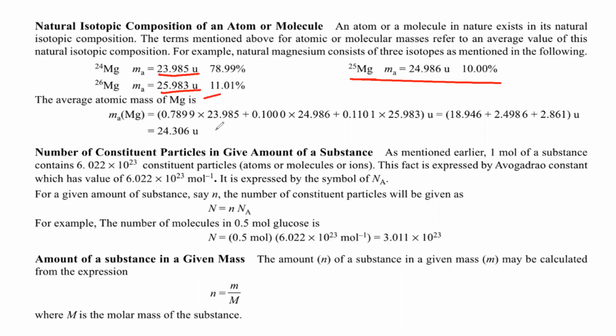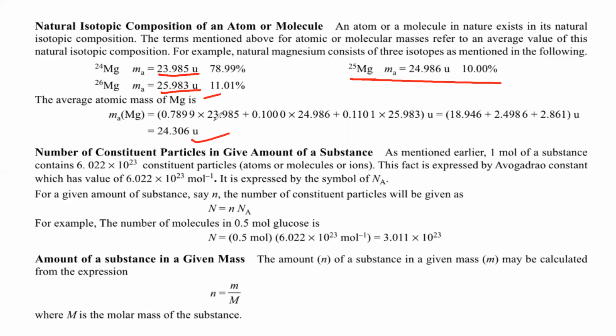So we take the percentage value into the atomic mass. By adding all these and taking the average, we get 24.306. So we'll consider it as 24 finally, and 24.306 U is the exact average atomic mass of magnesium.